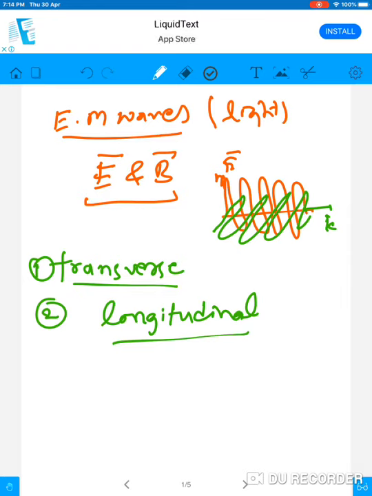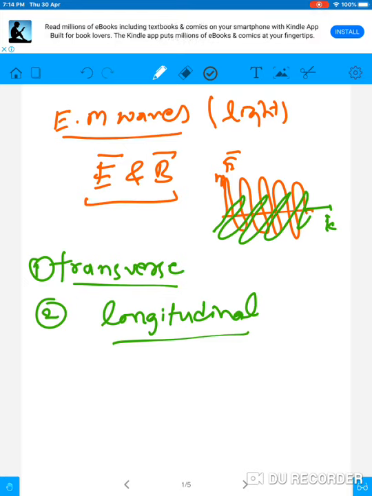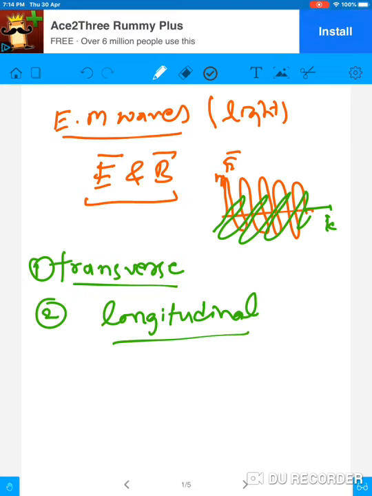Transverse nature means the vibrating quantity, like the electric field and magnetic field here, vibrates in the direction perpendicular to the propagation of motion. But in a longitudinal wave, the vibration of the vibrating quantity is in the same direction as the propagation of motion, for example sound waves.